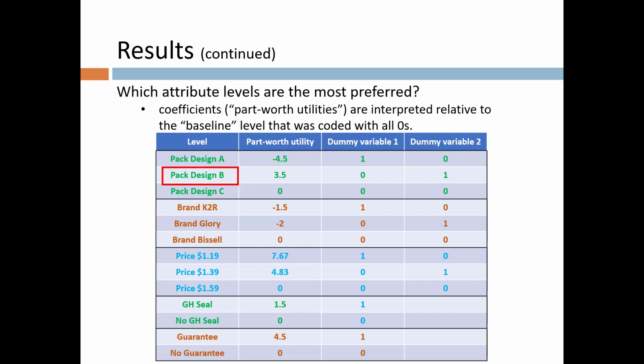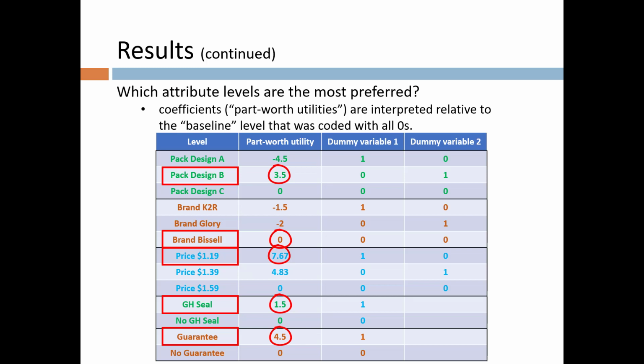For pack design, B had the highest utility of 3.5 units. For brand, Bissell had the highest utility. Even though it was 0, it is still higher than the others which are negative. For price, 119 had the highest utility. A Good Housekeeping seal added value relative to having no seal, and a guarantee also added value relative to no guarantee.